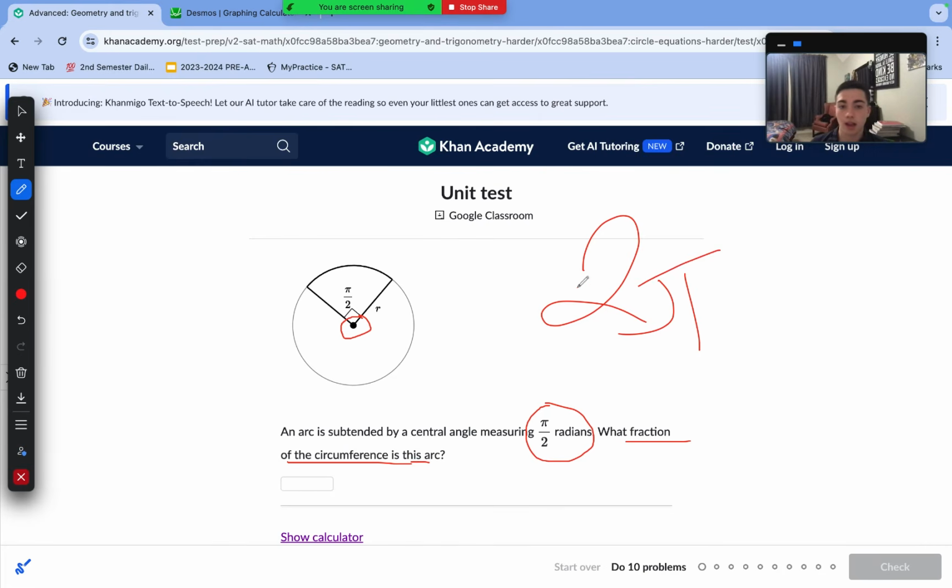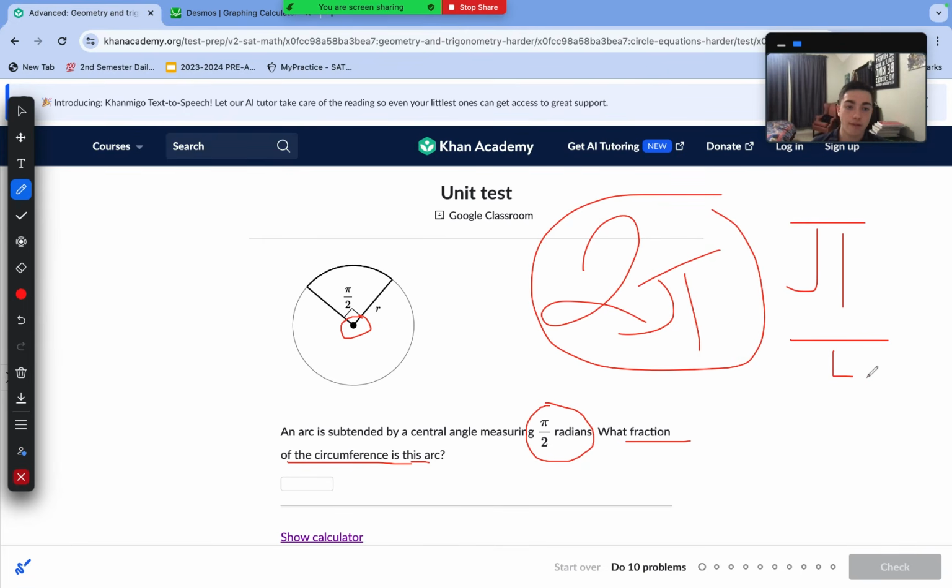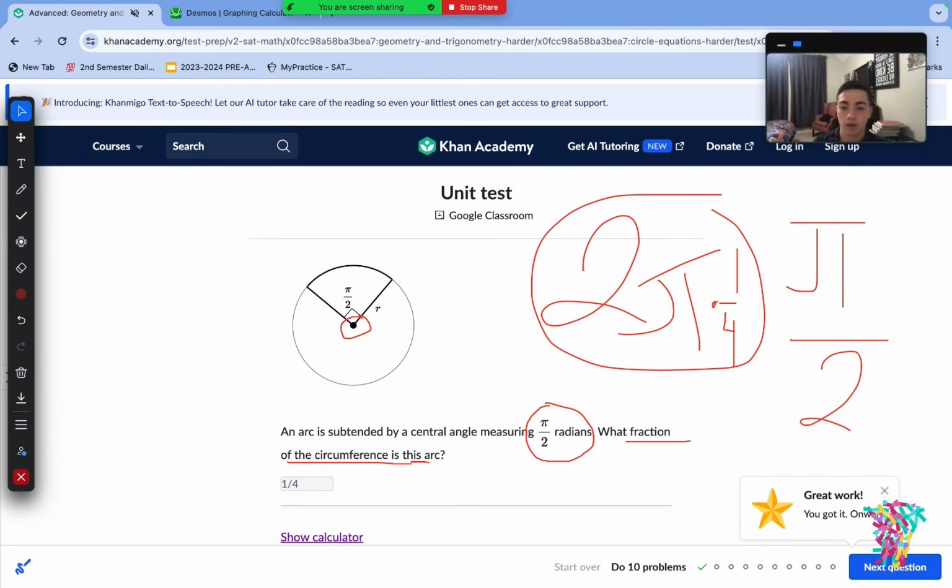So that means that if the circumference is represented by 2 pi, pi over 2 is a fourth of 2 pi, because if we multiply 2 pi by 1/4, we are left with pi over 2. So if this central angle is 1/4 of the total circle circumference, that is just the answer, that fraction of 1/4.